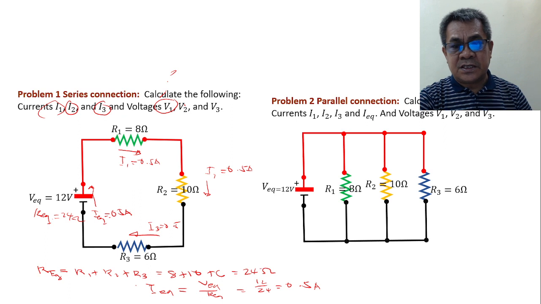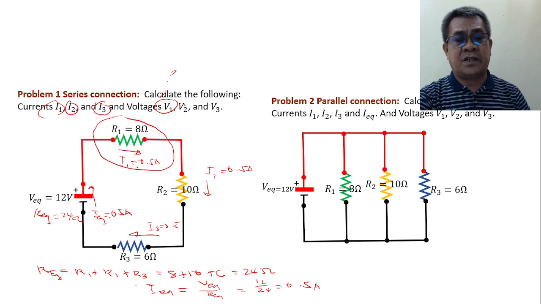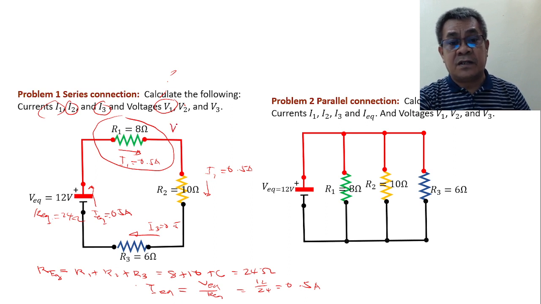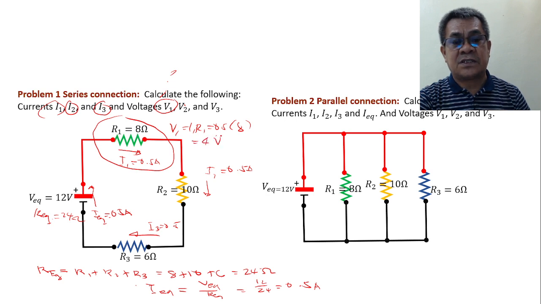Okay, notice on this that the resistance R1 is given and I1 already calculated. Then V1 can be calculated by what? I1 times R1. But I1 is 0.5, and this is 8 ohms for the resistance. Then the answer is 4 volts.